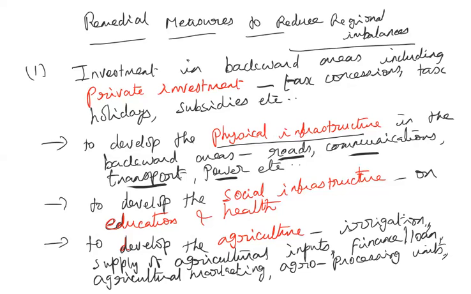So agro processing units, and then allied activities like fisheries, forestry, animal husbandry. All these also can be given importance. So many things can be done in agriculture to enable the people residing in the rural areas to get more and more income, so they do not have to depend only on cultivation in a small piece of land.